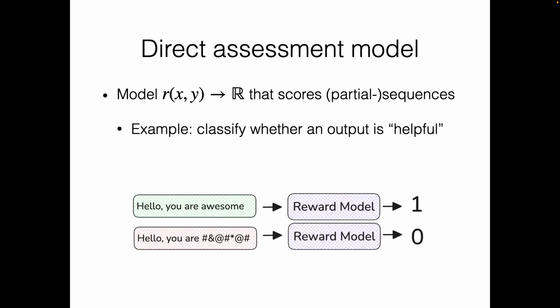Let's say you try to go to something more abstract, like helpfulness, and you collect a data set of outputs, and humans rate them as either helpful or not helpful. People actually did this, and there's a data set from Anthropic called helpfulness or harmfulness. They had annotators give these labels. Once you have that, you can try to train one of these models.